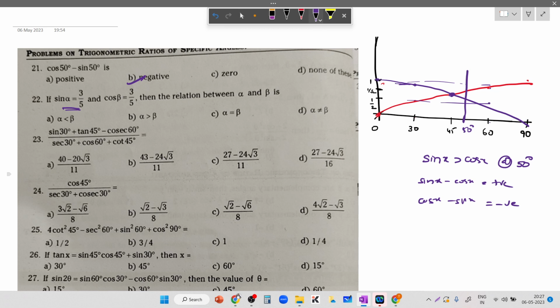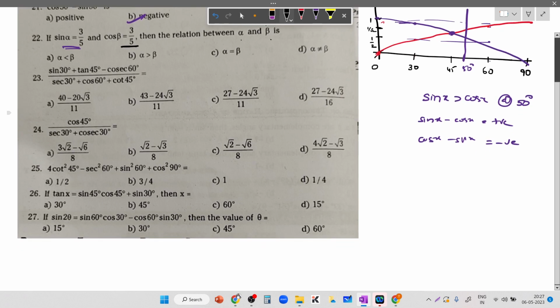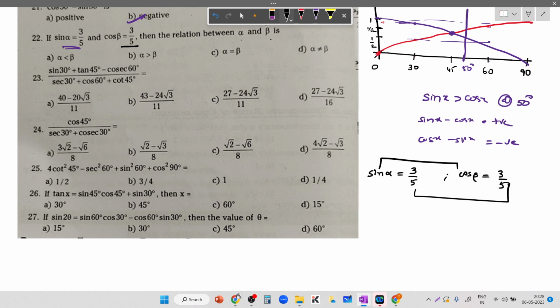Next, it is very simple. Sin alpha is equal to 3 by 5, cos beta is equal to 3 by 5. Then the relationship between alpha and beta, very simple. Since these two are the same, these two must be equal.